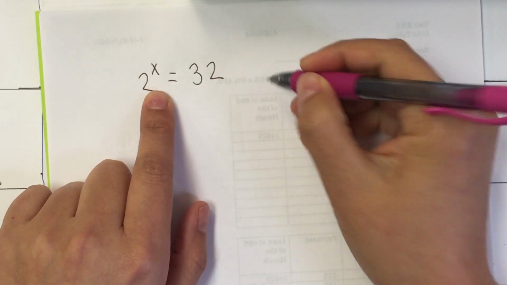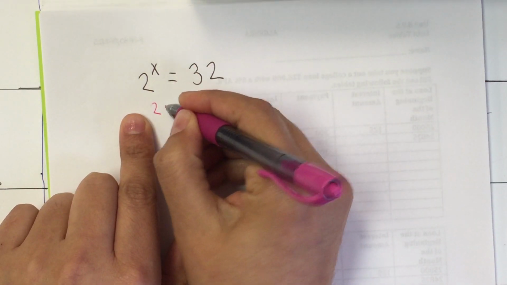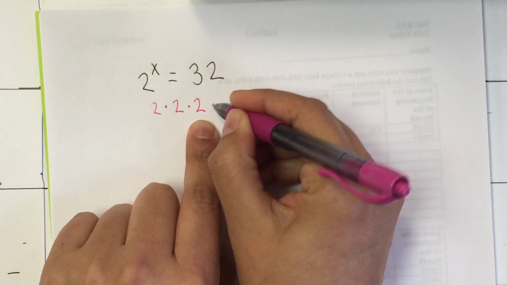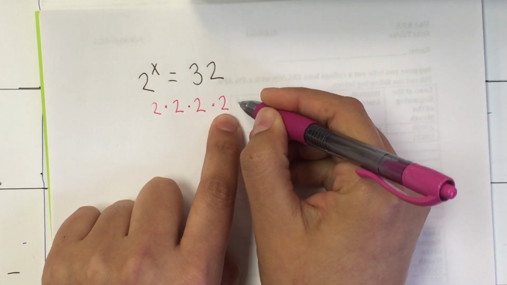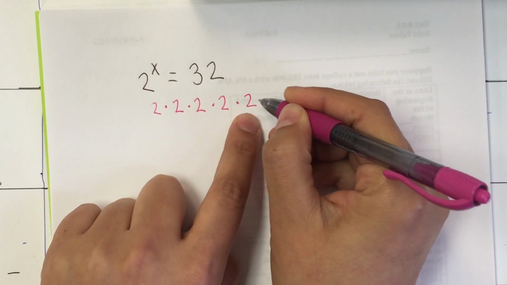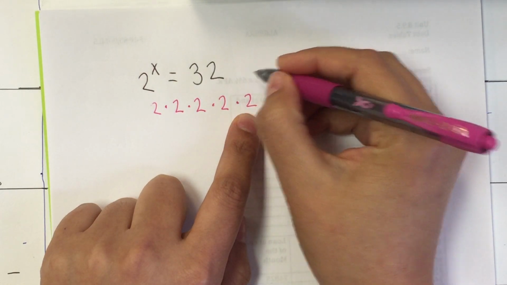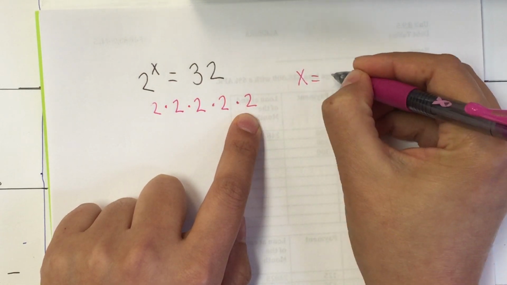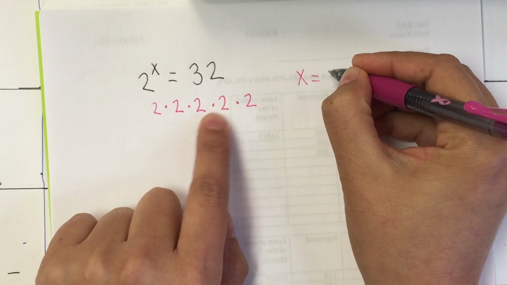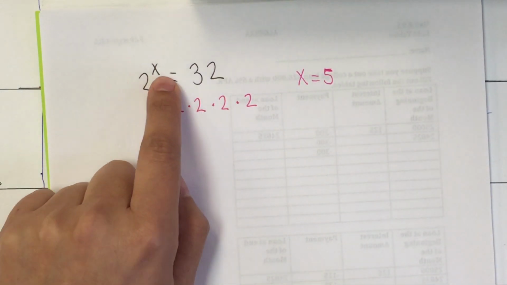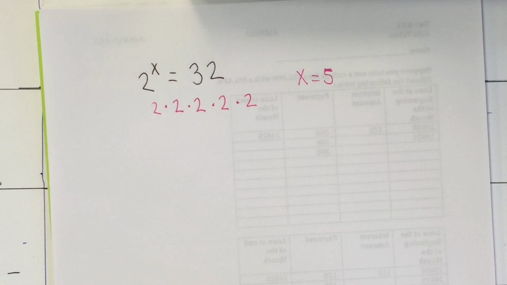And so basically we would say that 2 times 2 is 4, times 2 is 8, times 2 is 16, times 2 is 32. And so this means that x is equal to 1, 2, 3, 4, 5. Okay, so my x is 5.